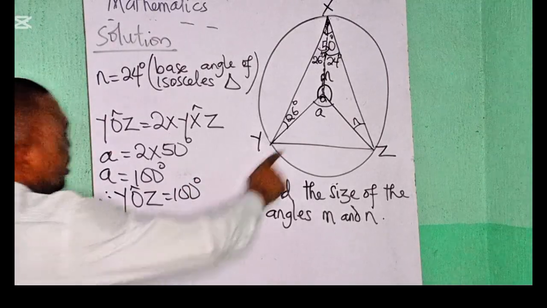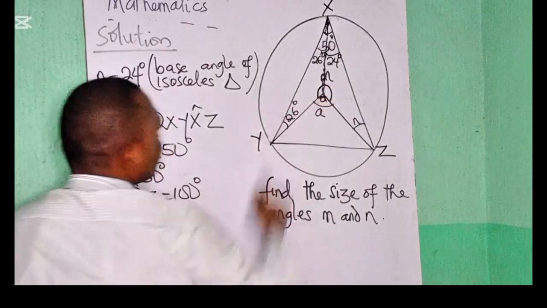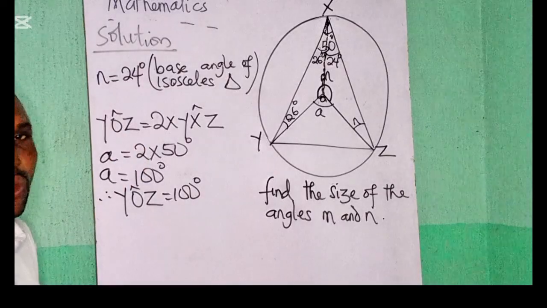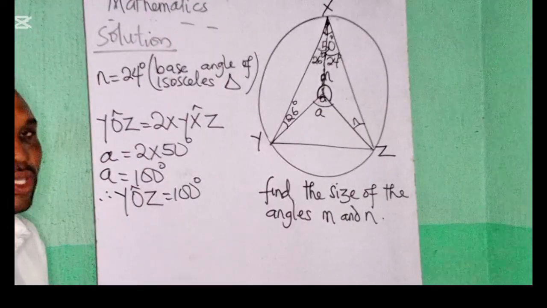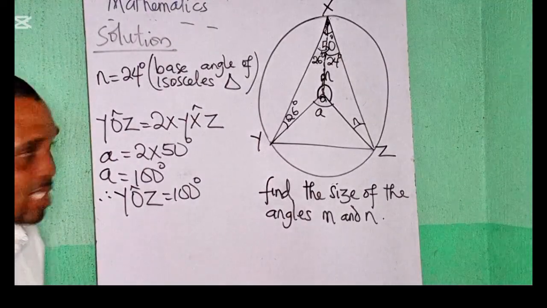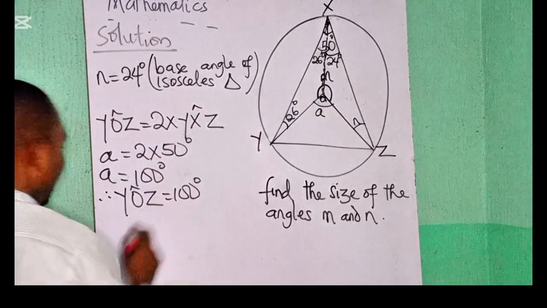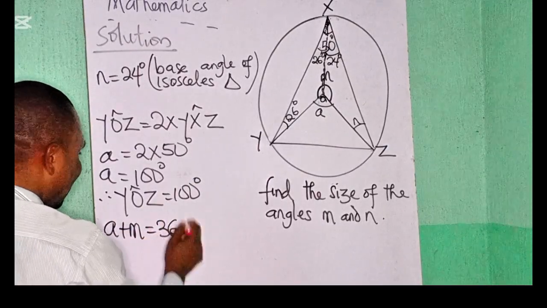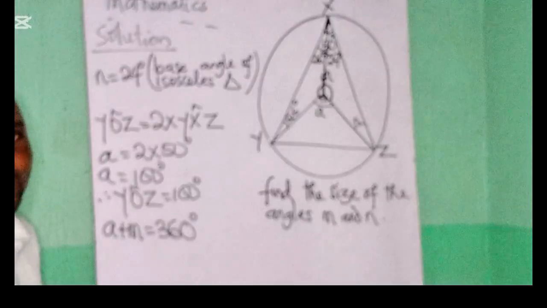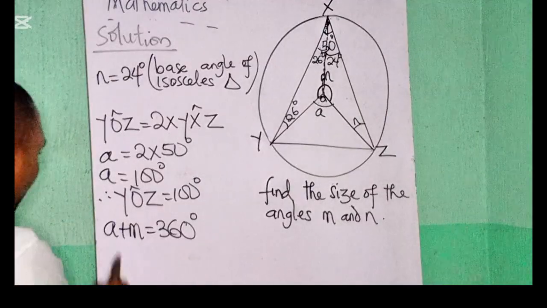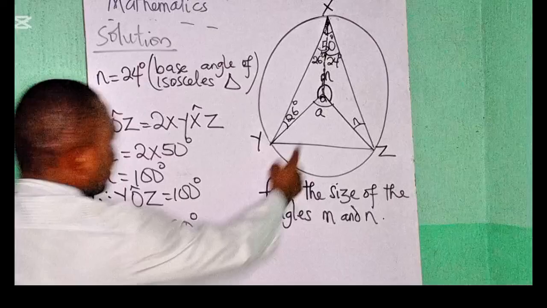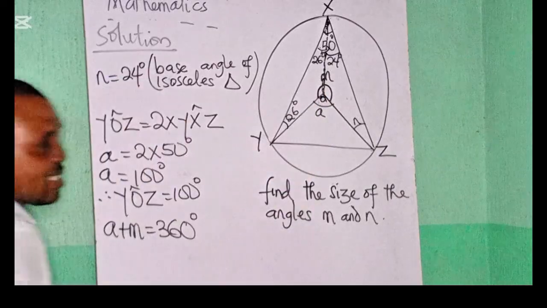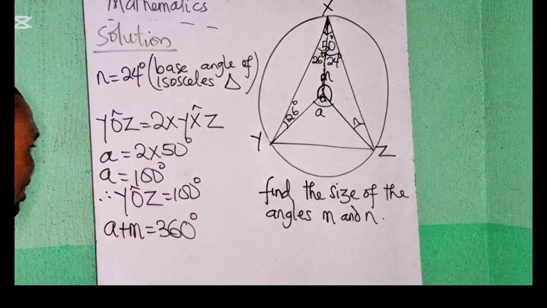Good. Now, check out A and M. A and M are angles at a point. So, what is the angle at a point? It's 360 degrees. So, I can write A plus M equals 360 degrees. Please take note of this. A plus M equals 360 degrees because they are both at a particular point O. Is that clear?